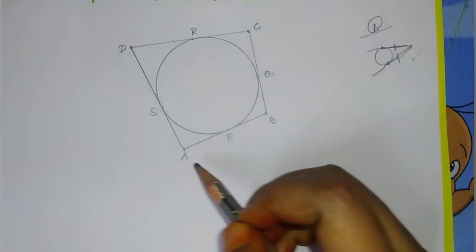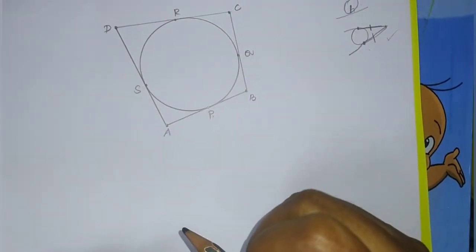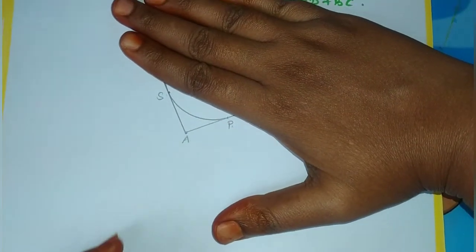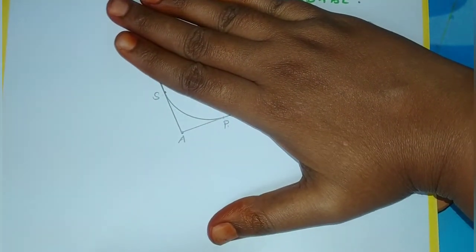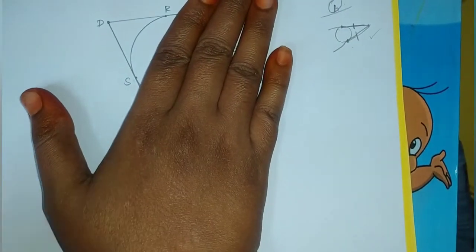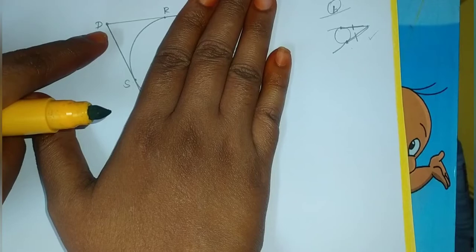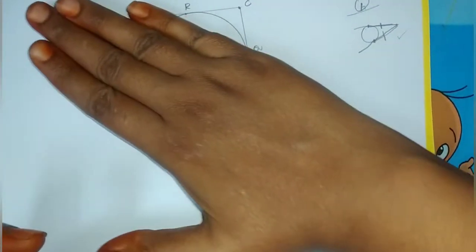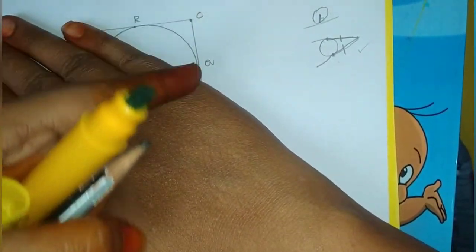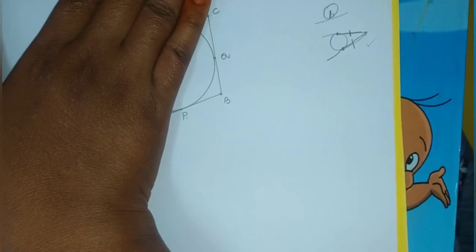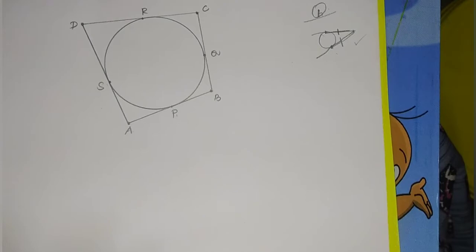Clear, children? So part by part you can tell that AP is equal to AS if A is an external point. If D is an external point, DS is equal to DR. If C is an external point, CQ is equal to CR. If B is an external point, BP is equal to BQ. That I am going to write now.